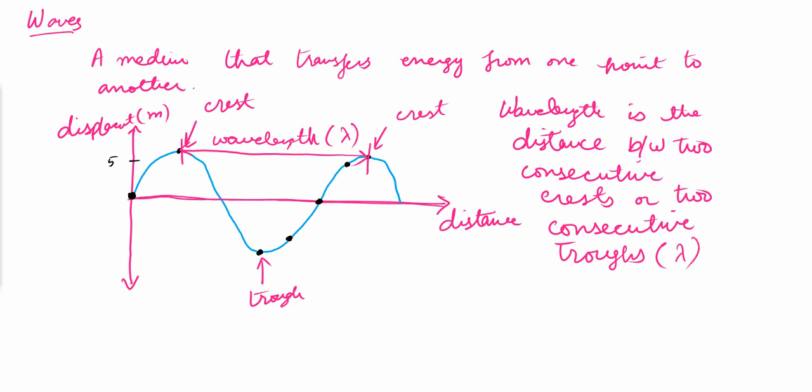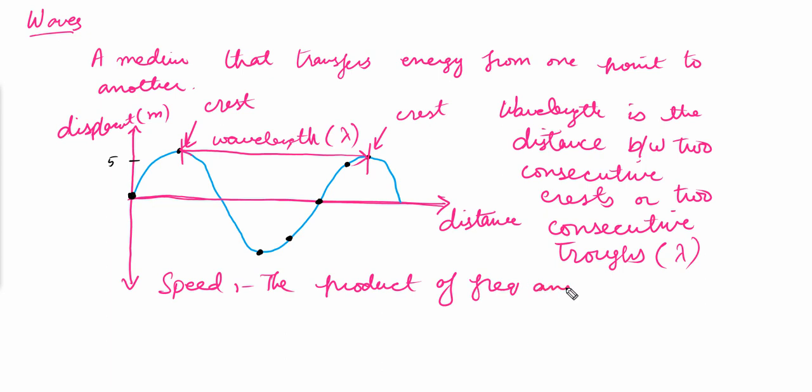After this, we have to discuss the relationship between the speed of the wave, the wavelength of the wave, and the frequency of the wave. So for that purpose, I have to explain about the speed of the wave. Speed is simply the product of frequency and wavelength of a wave.